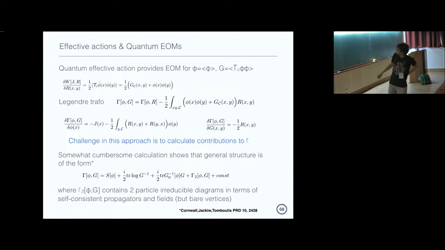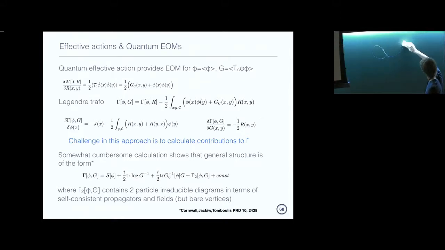This is done in the CJT paper, for instance, in a rather cumbersome calculation, which shows that the general structure is something like this. You have, again, the classical action, which depends on your field. Now you have a trace log of the inverse full propagator, another kind of one-loop term here. And then you have what is called the two-particle irreducible effective action. What exactly two-particle irreducible means doesn't matter so much at this stage.